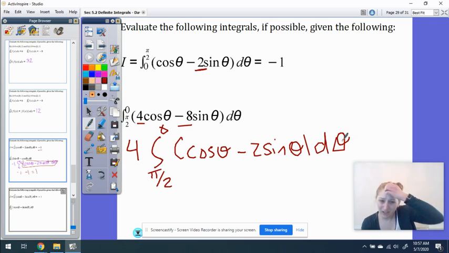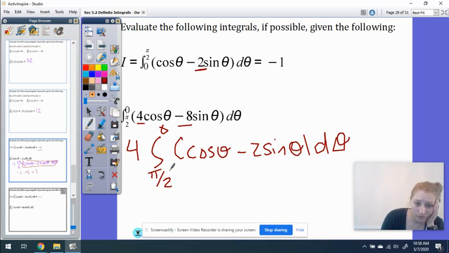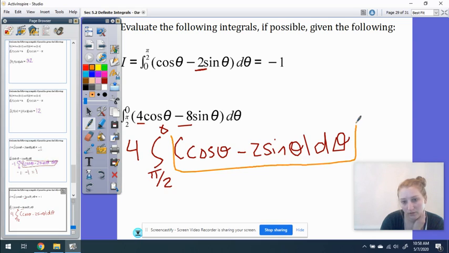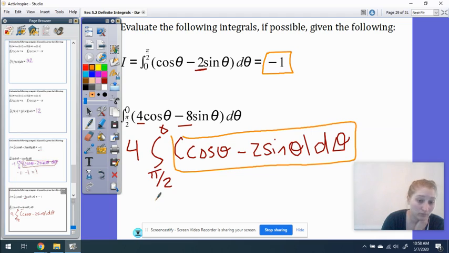Okay, so then the next thing I'm noticing is my interval numbers are switched. So what does that tell me? Hold on, I want to switch colors. That this is equal to the opposite of this. So the opposite of -1 is 1. So we're going to say 4 times 1. And bam, done.